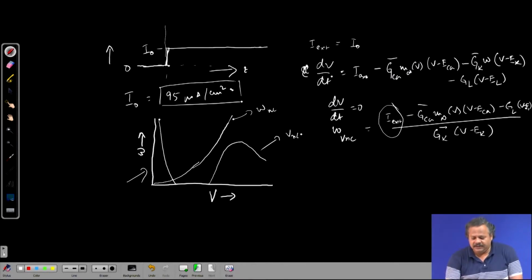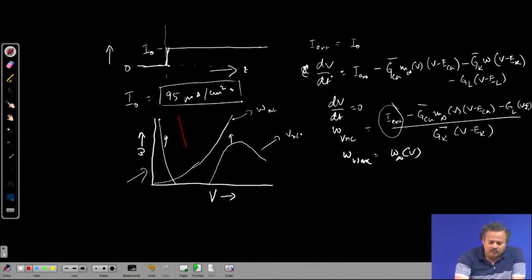The W nullcline values are simply W infinity V, which did not have any I external. So the W nullcline remains the same, and I external is positive, which simply means the entire V nullcline will be shifting upwards. It will shift up to some point here.